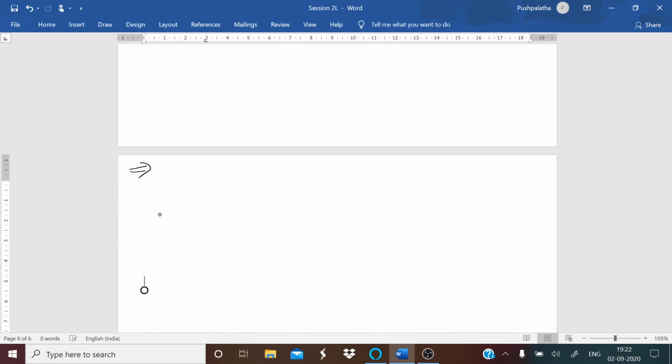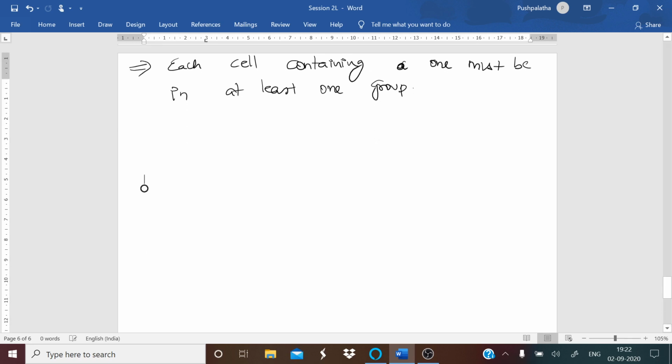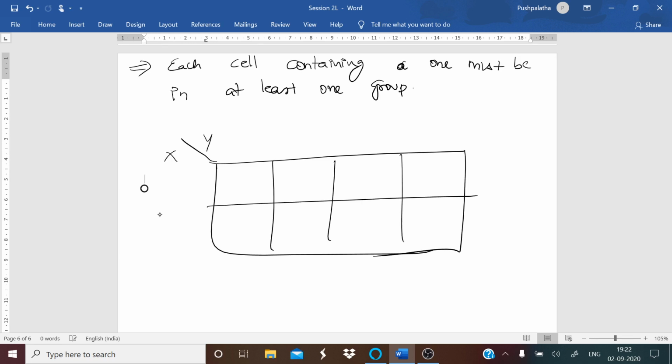And another rule is that each cell containing a 1 must be in at least one group. That is, see here we have a 3 variable one, x, y, z, 0 0 0 1 1 1 1 0, and 0 and 1.